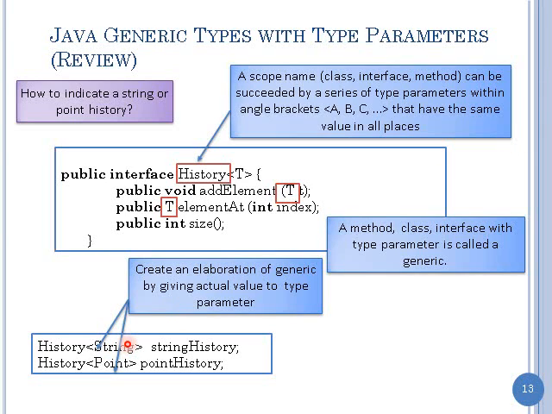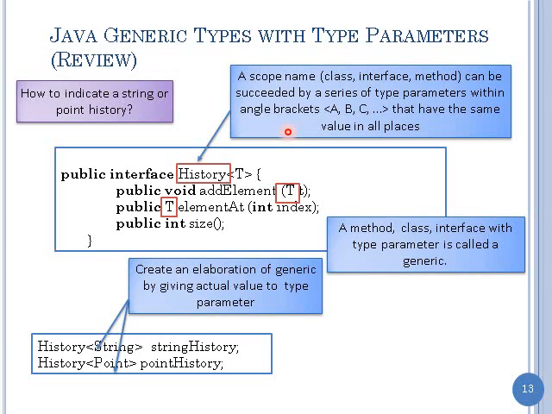So what's really happening when you say history string? What's Java, do you think, doing? I guess it's creating an interface, which is basically the same as history, the same as the previous string history we had.